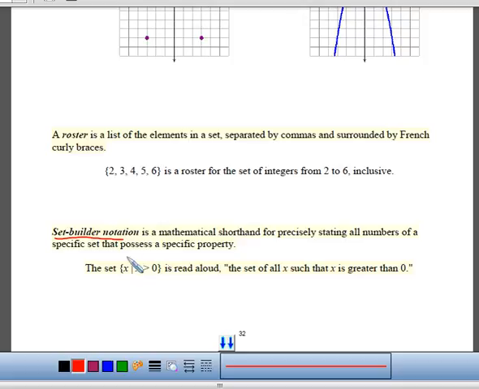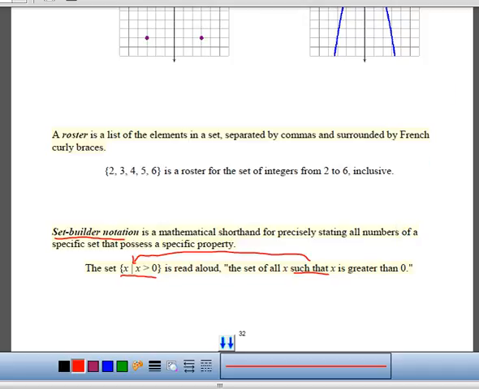So when I was writing the domain and the range like this, it is read aloud as the set of all x, so that's that first part, such that, that's that straight line that you see there. That's not an absolute value line. That means such that x is greater than 0. So it's kind of like defining our variable and then saying where the variable fits, or what the variable works for. Okay?